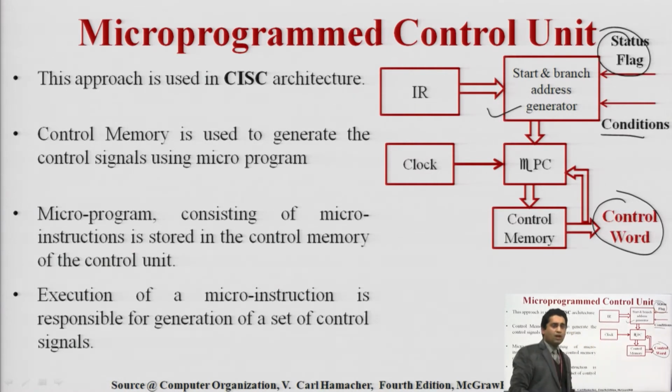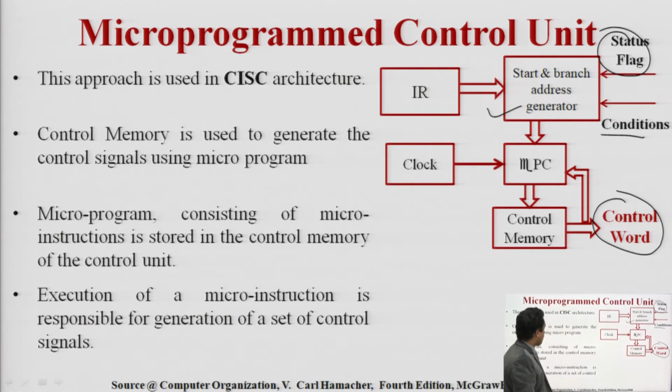Conditions means, for example, whether this is a new instruction or the previous instruction, or whether the program is already loaded in the memory or not. And the clock cycle is very important, because based on the clock the execution is performed. Everything depends on the instruction and the clock.